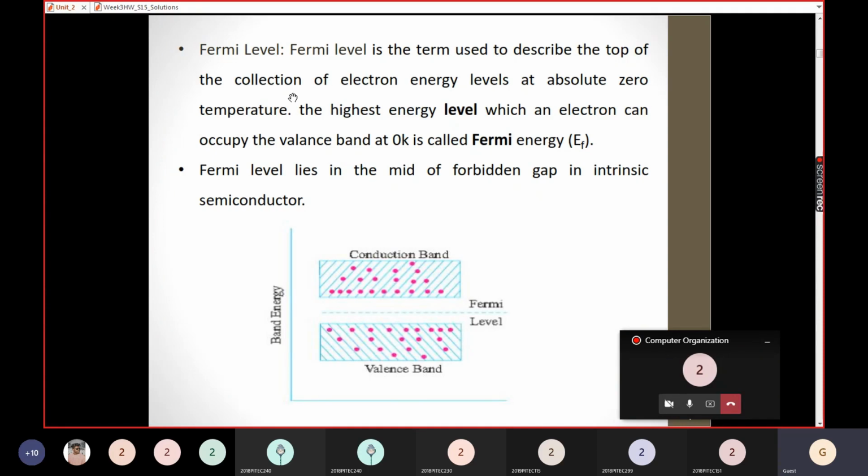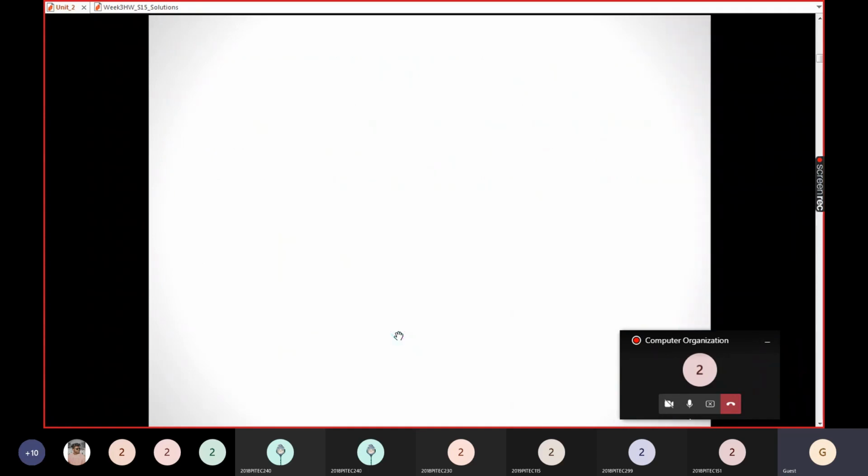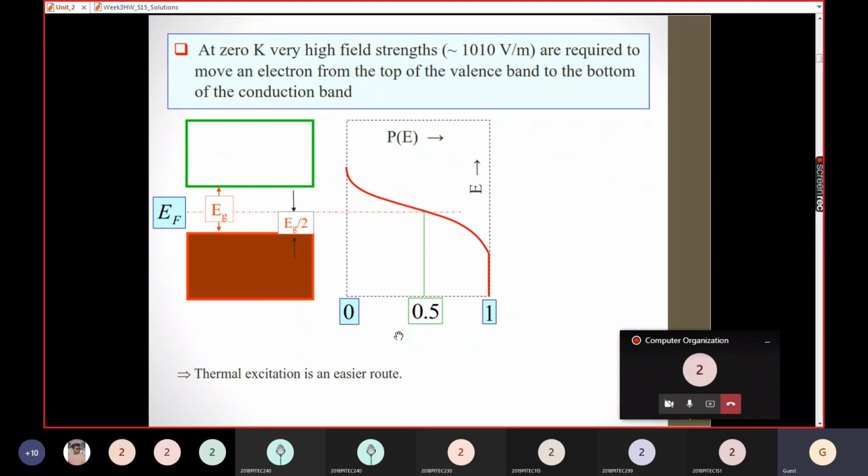You can see in this diagram which I have represented here, the Fermi level lies between the conduction as well as the valence band. Now let us move to the next point. Here you can see the energy gap I have represented. EF, the Fermi level, will stand at the midpoint, EG by 2.